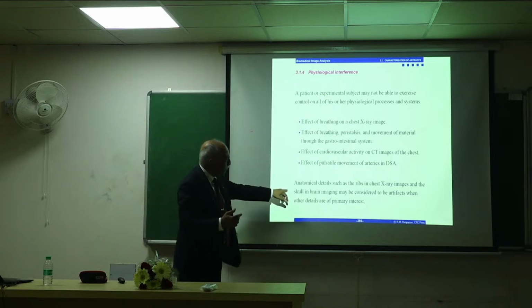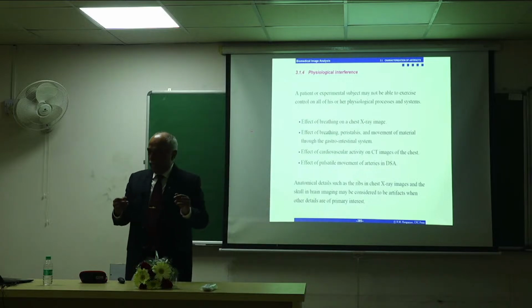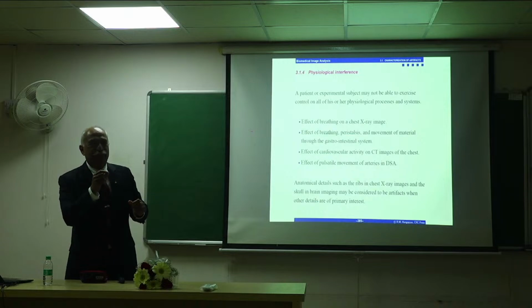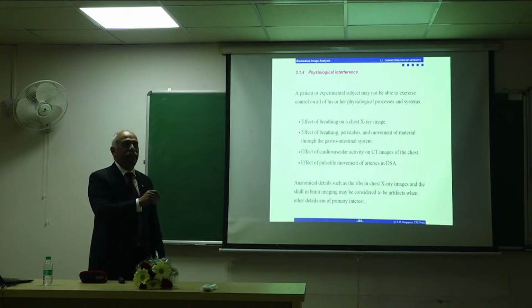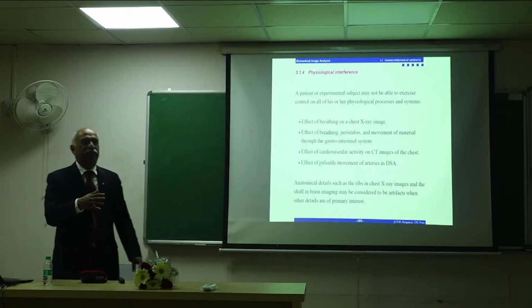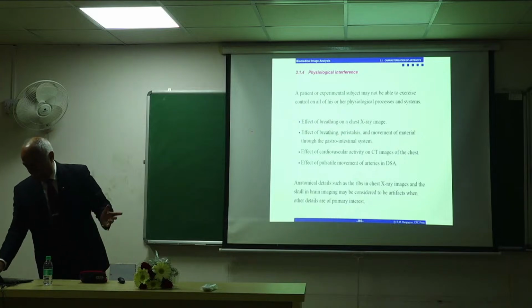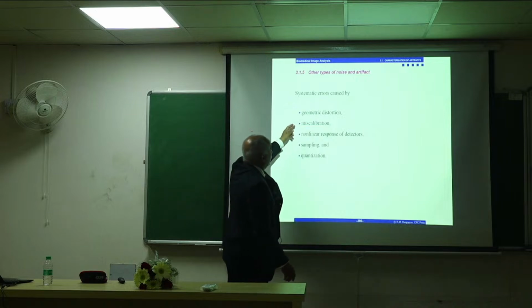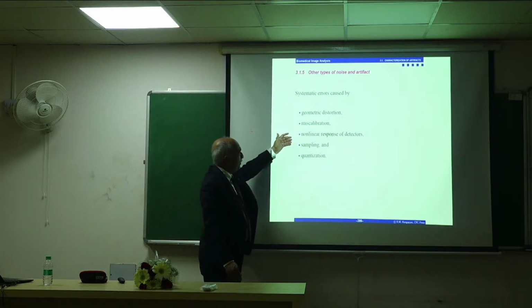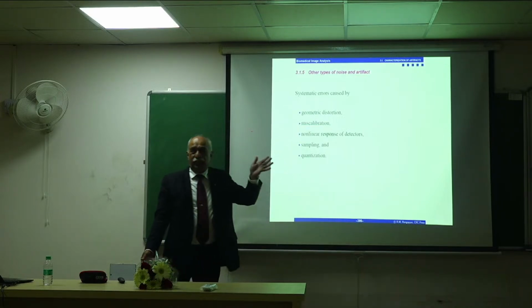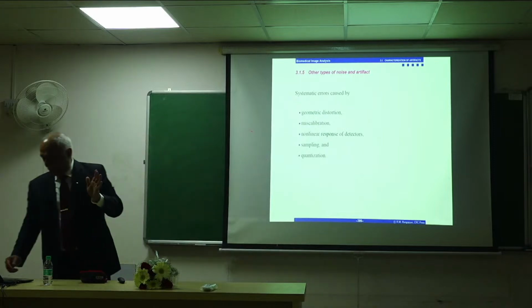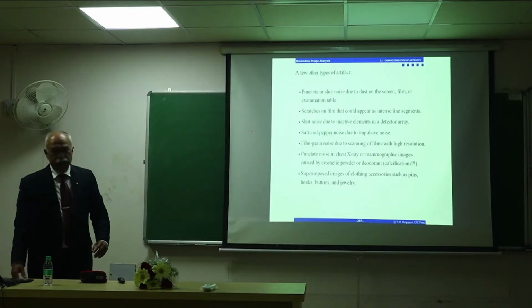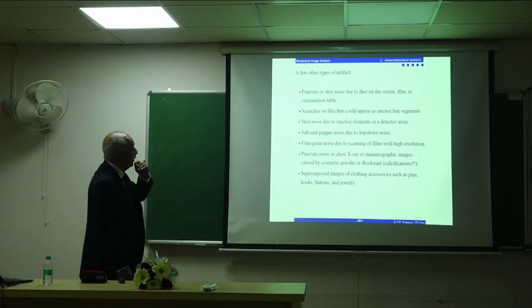So those are also parts of the image in which you do not have an interest, and hence you may say it is an artifact. But you can't escape. There could be geometric distortion, miscalibration, nonlinear response of detectors, sampling and quantization we saw. All of these affect the quality of the images. And then a few more.